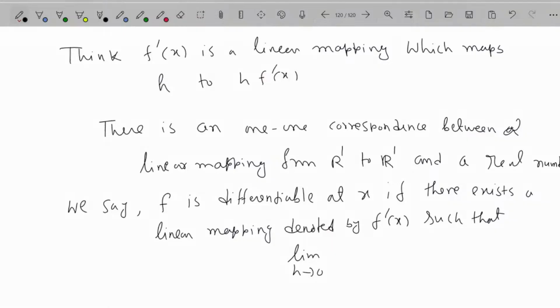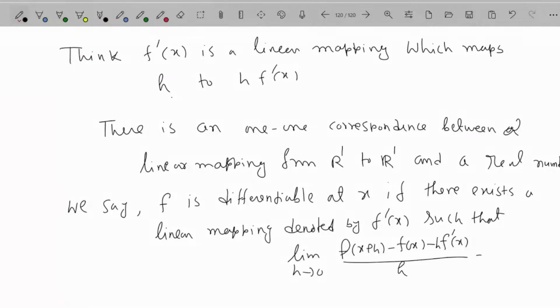So in place of r of h, we'll write f of x plus h minus f of x minus f dash x, which is now your linear operator, acting on h. So that linear mapping maps h to h into f dash x. Okay, and divided by h this equals 0.